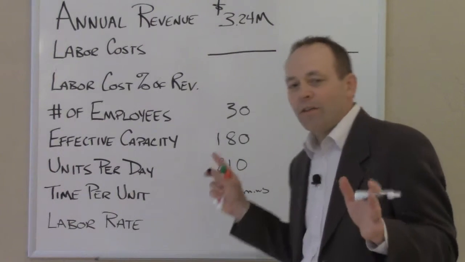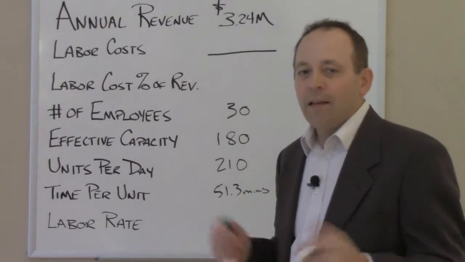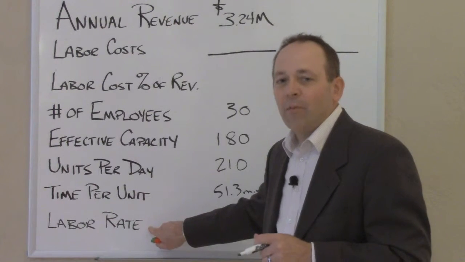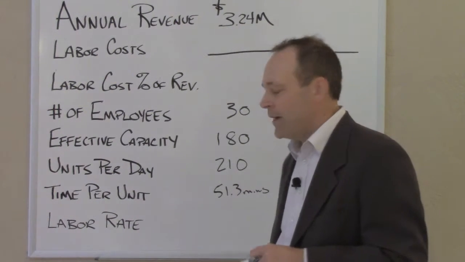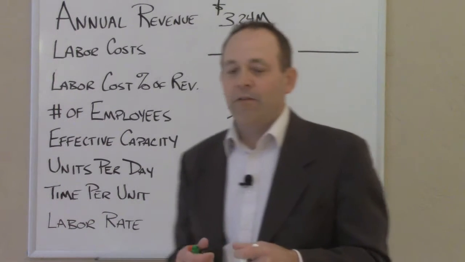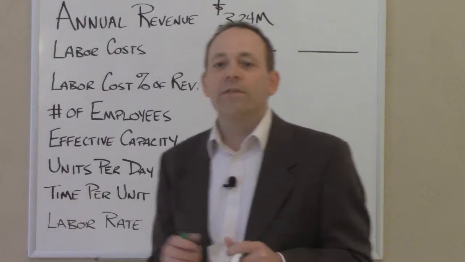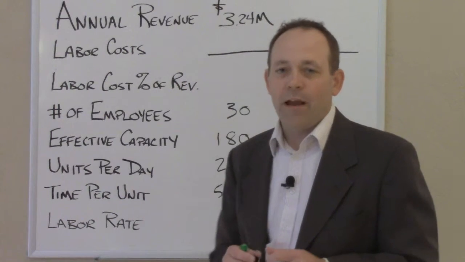But we also want to know what the labor is costing the company on an ongoing basis. And in order to do that, we want to understand what we're paying our employees, and we call this the burdened labor rate. What that means is that you're paying them a salary and wage, you're paying them for time off, holidays, benefits, taxes, all those different things that are lumped into total compensation.